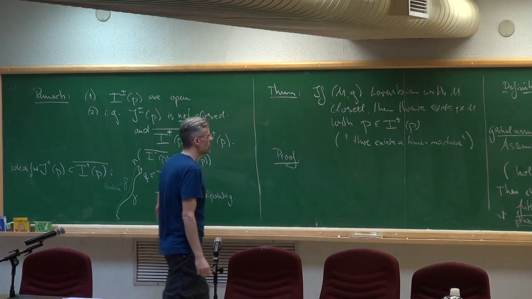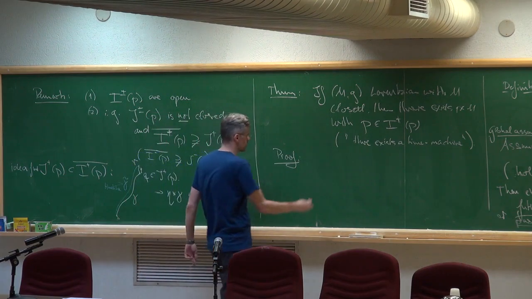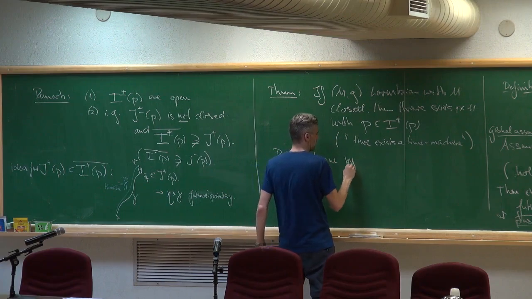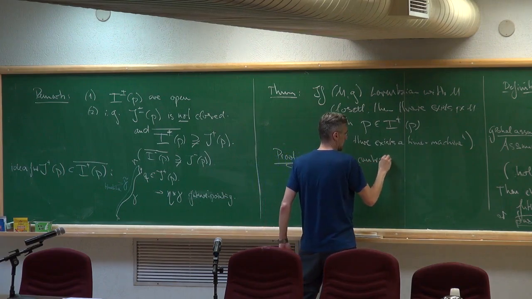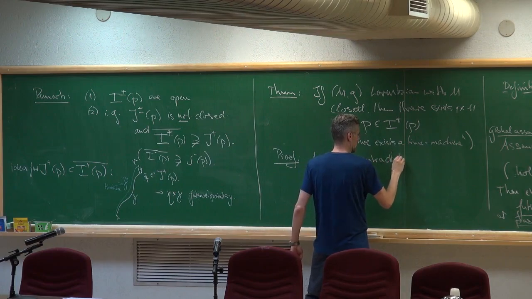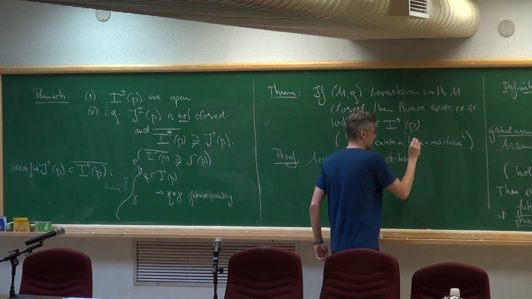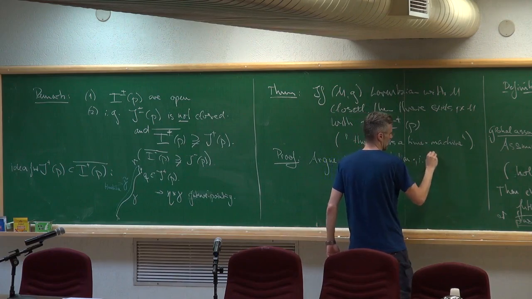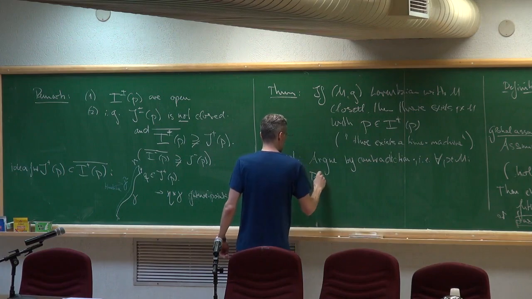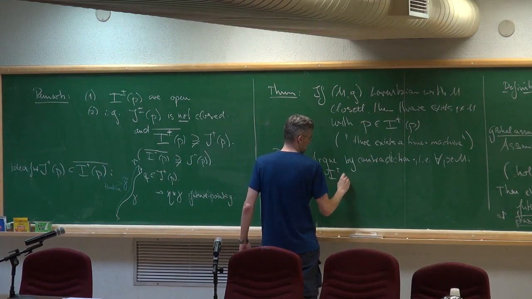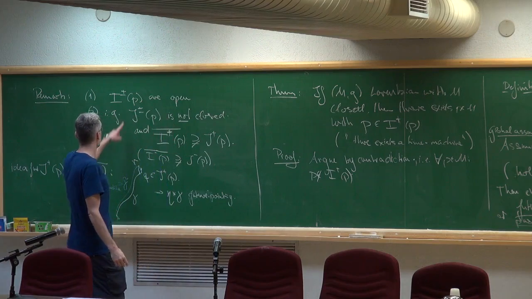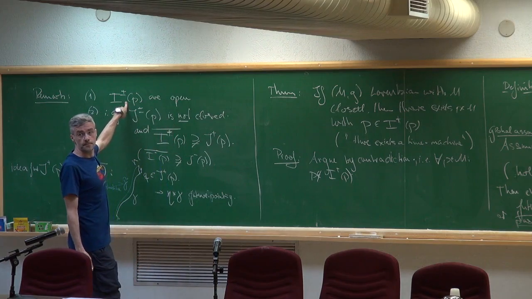But the proof is by contradiction. Meaning, for all P in M, we know that P is not in I plus of P. Well, we know they are open.